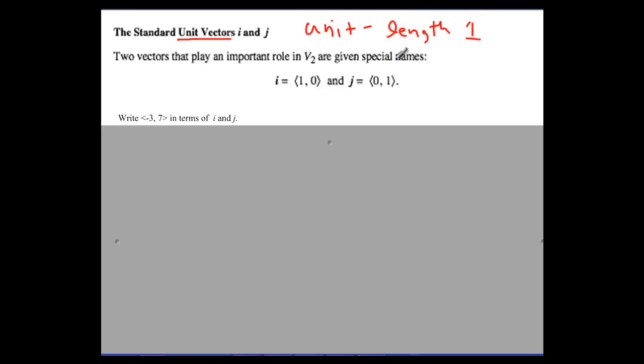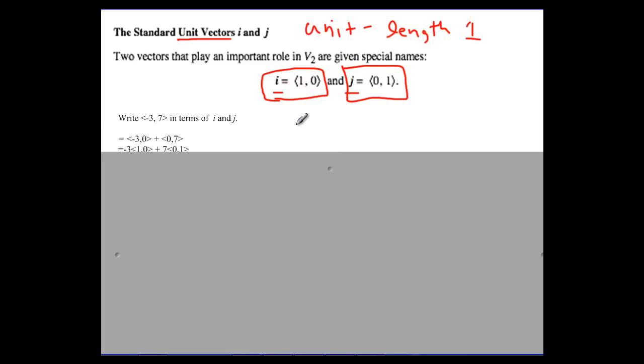And these particular unit vectors, the unit vector i and the unit vector j, well, i is just all in the x direction, and j is all in the y direction. So the unit vector i just looks like this. It has a length of 1, whereas j looks like that with a length of 1.